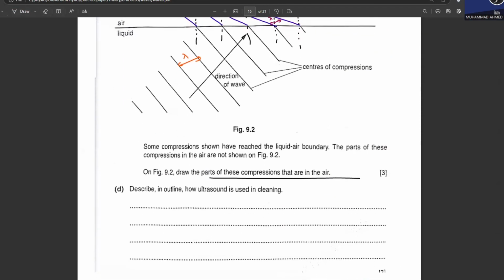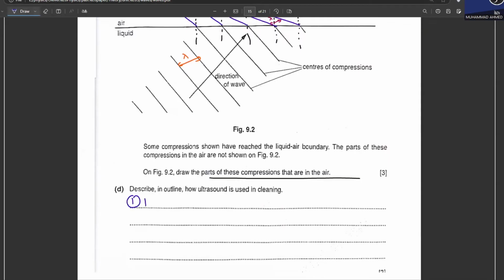Describe and outline how ultrasound is used in cleaning. So the material or object is immersed in the fluid. What is the second thing that you do?